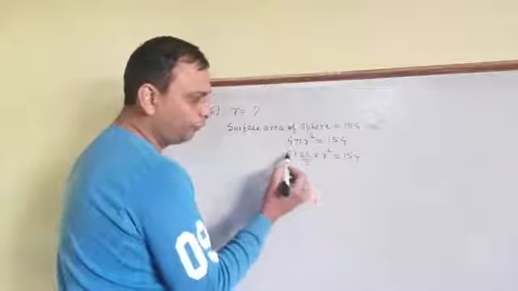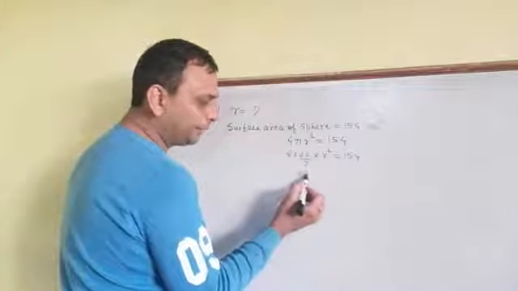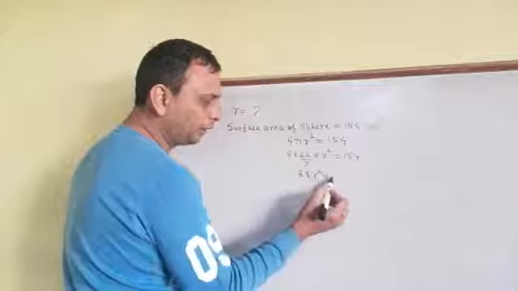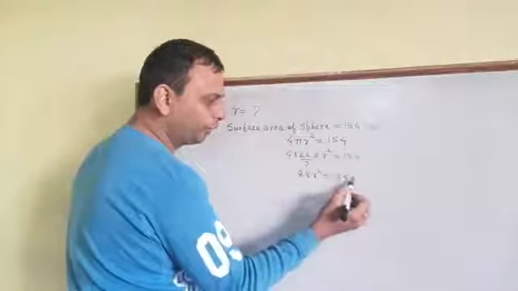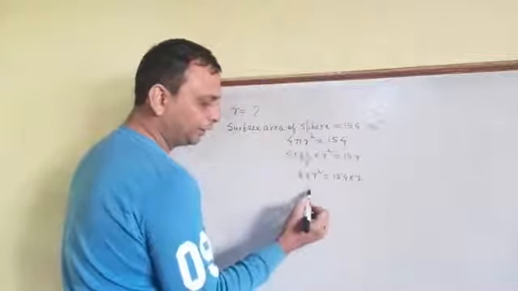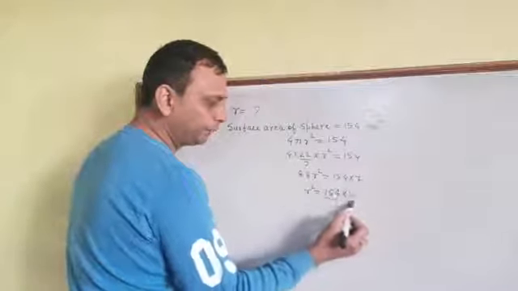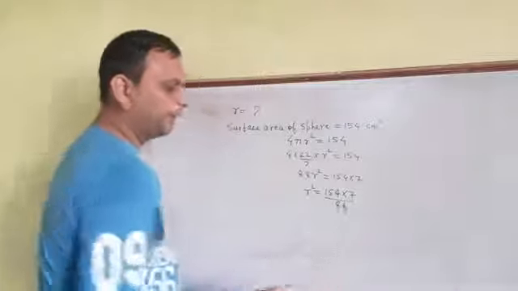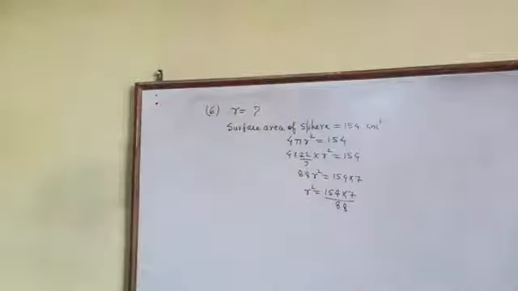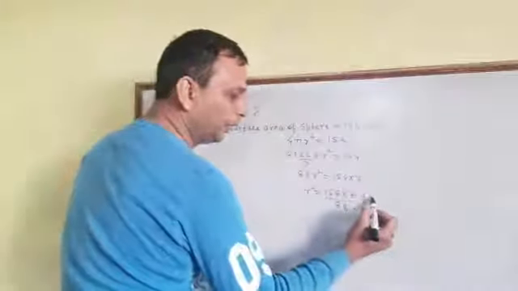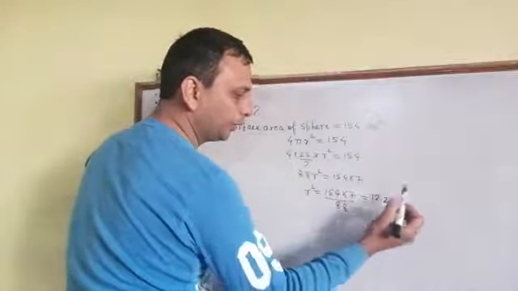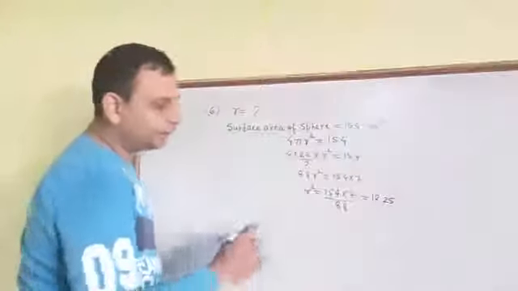So 4 into 22 is 88, r square. r square is 154 multiplied by 7 divided by 88. Now on dividing, we will get the answer 12.25. This is the r square.